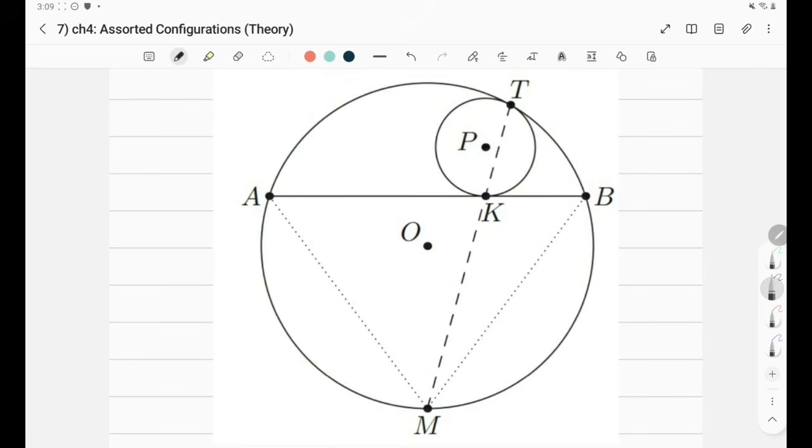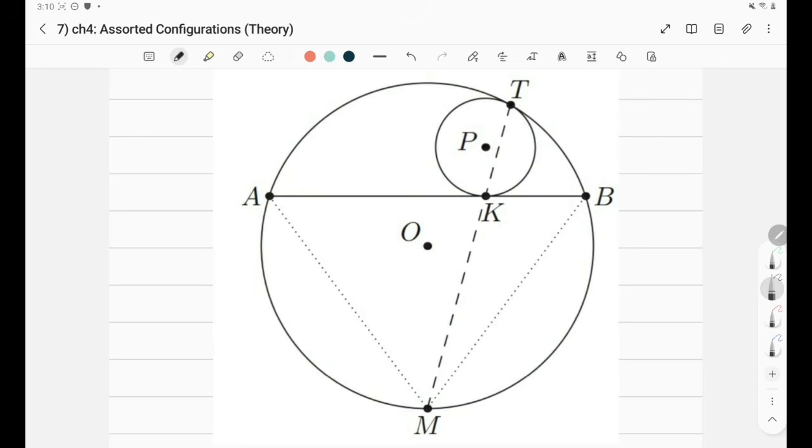So right now our goal is just to show TK hits the circle at M. We want to show that this is the midpoint of the arc. So what can we try to do? Here a very common idea whenever you have two circles tangent to each other is to consider a homothety centered at the tangency point that maps this circle into the bigger one.